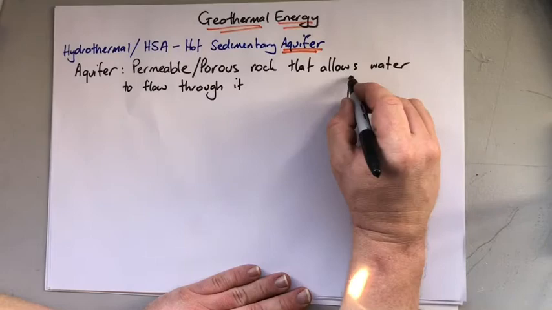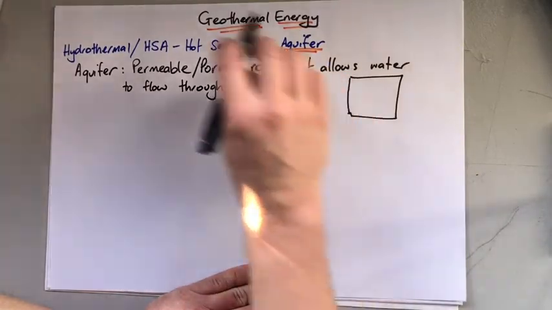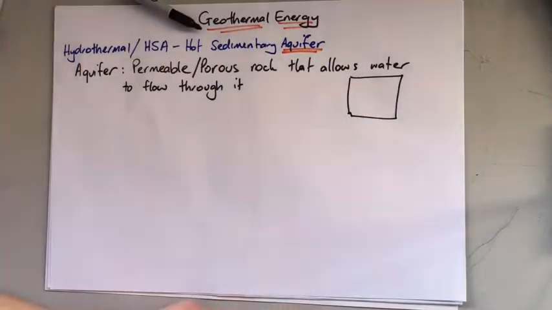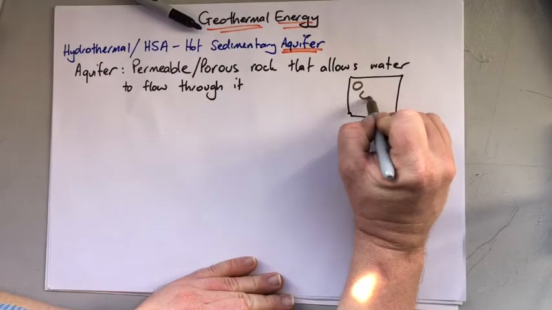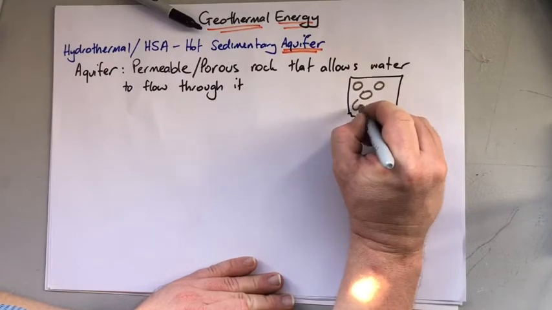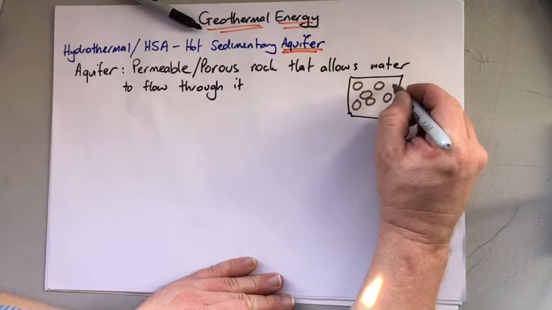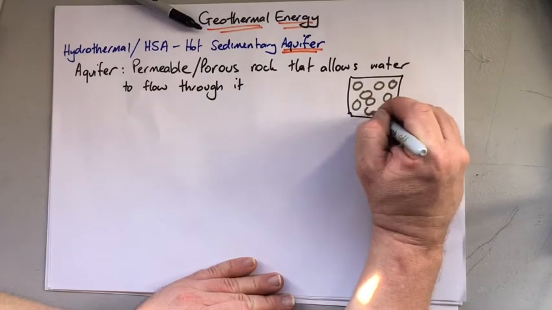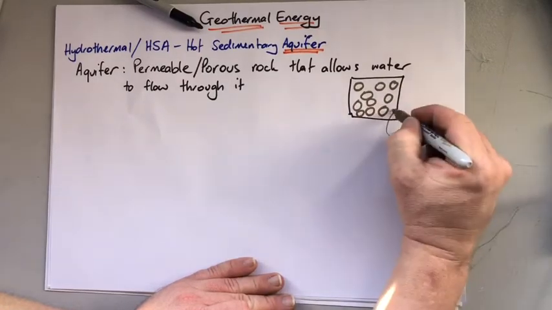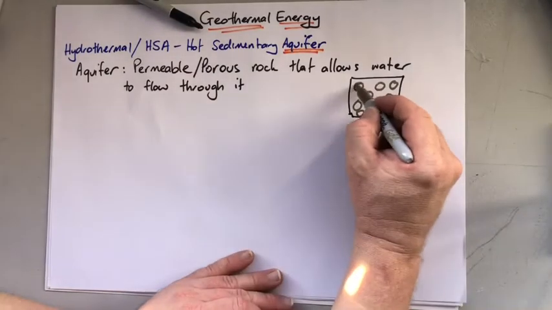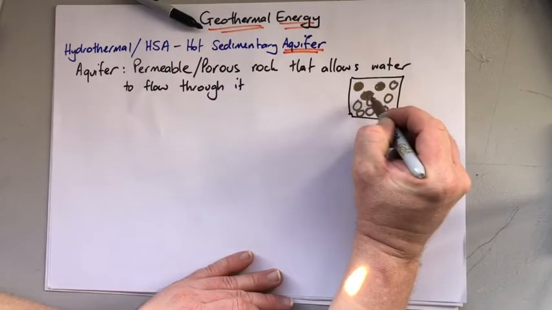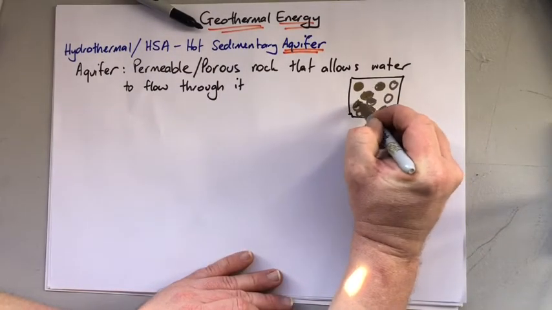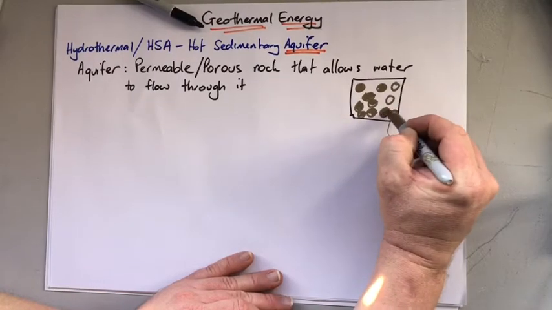If we think about what that would look like in some sort of scale, we might have a small section of rock here, and here's all the different sand grains. Some of them are touching. This is obviously two-dimensional. Three-dimensional would look a lot different.